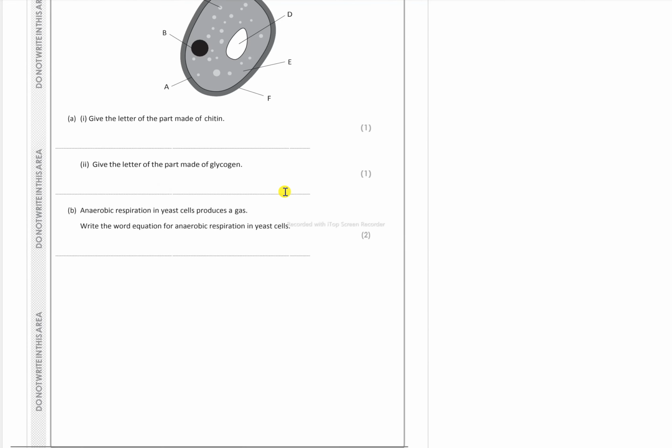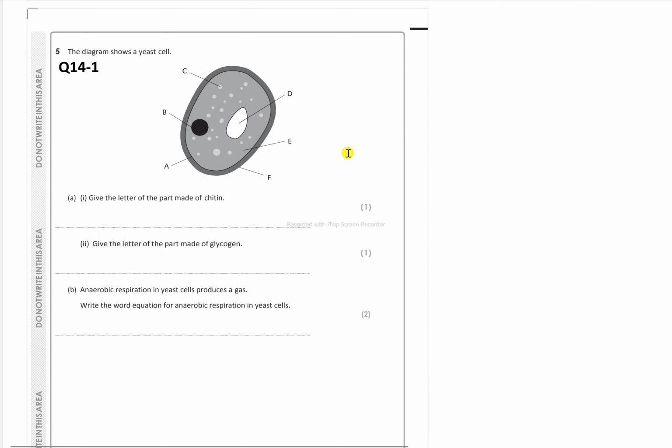Right. Is that a yeast cell? Okay. Right, yeast cell. You've got the cell wall, that's that bit. Then you've got your cell membrane. That is your vacuole.